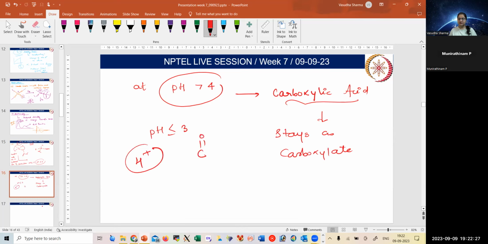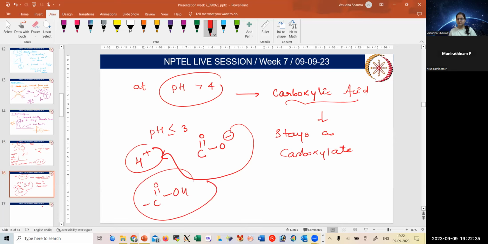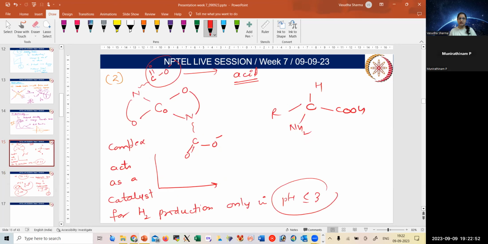Even if you have this carboxylate, it can attack the H positive and reform your COOH, right? But if we have pH greater than 4, that's above the pKa value, so the carboxylate exists. It will remain as C double bond O negative, and this O negative tries to bind with your metal center.